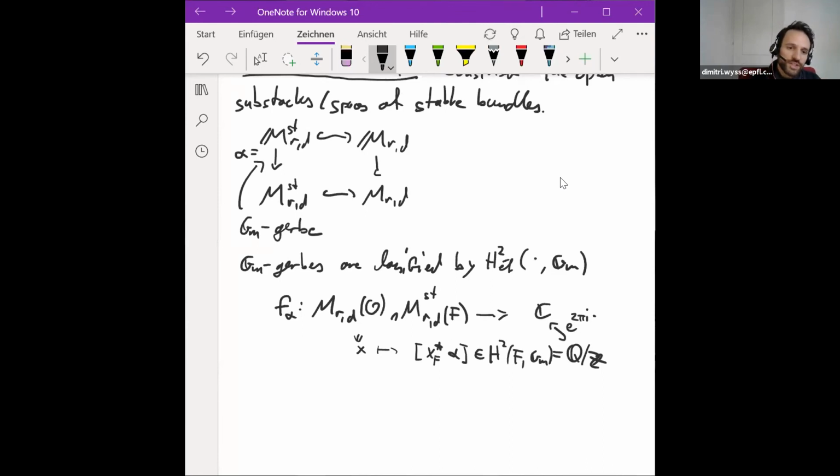So you get a function F alpha, which takes values in the roots of unity, and we set F RD to be this function F alpha. So it's somehow the gerbe that measures the difference between the moduli stack of stable objects and the moduli space of stable objects.